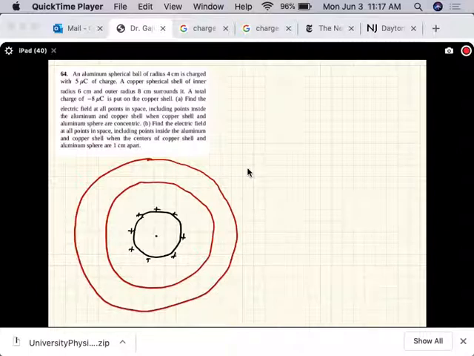Since this is a sphere, if you look at your notes, this is an equipotential surface and all the charge will evenly distribute on this conductor. Only on sharp surfaces does more charge collect. On a spherical surface, the charge evenly distributes. So that's 5 microcoulombs.